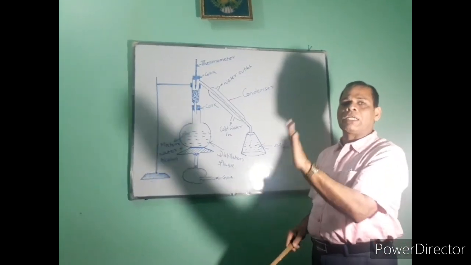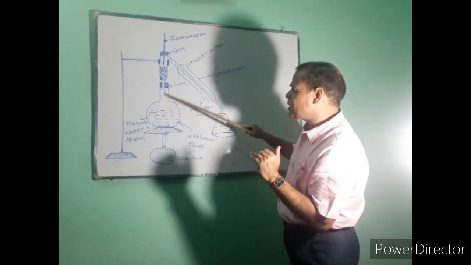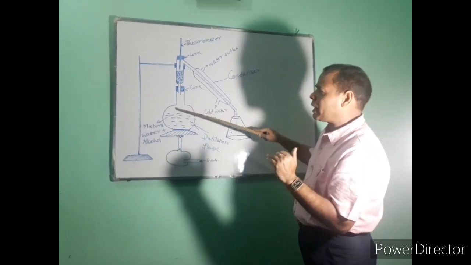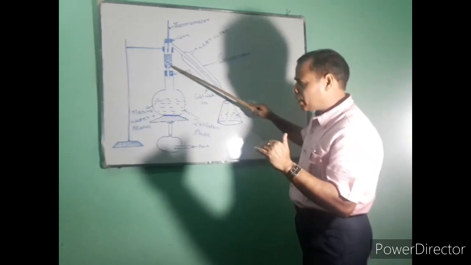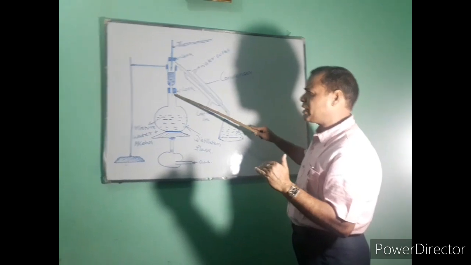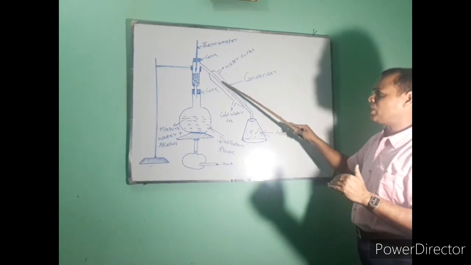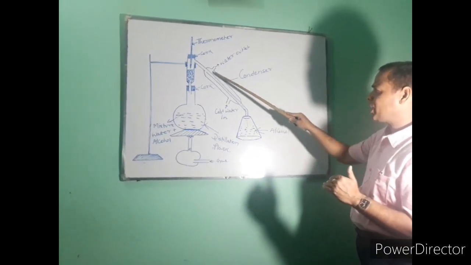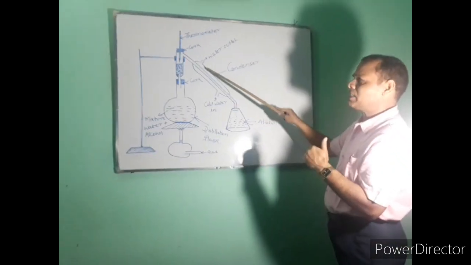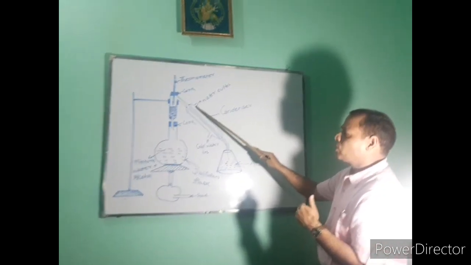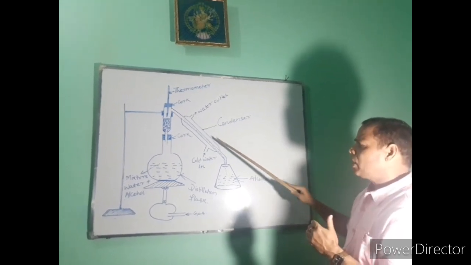So as the second liquid's vapor rises up, due to less kinetic energy, it comes back. Only the liquid which has the lower boiling point rises up and passes through the condenser, where cold water is injected inside the jacket so that the vapor converts into the liquid form.